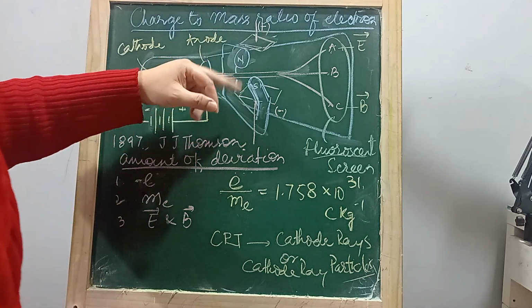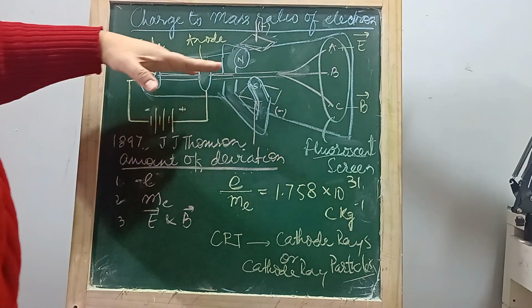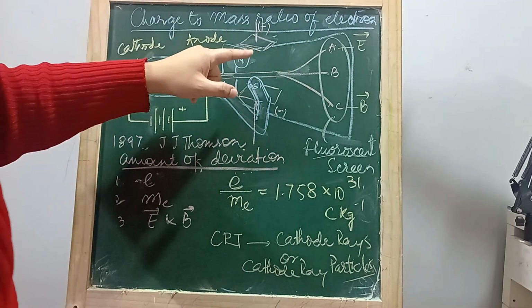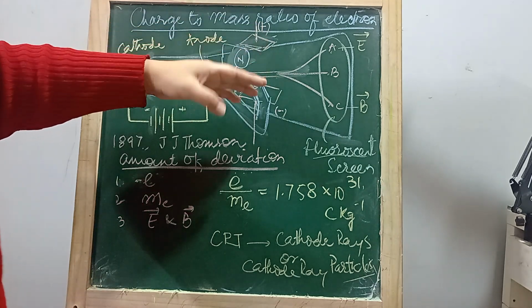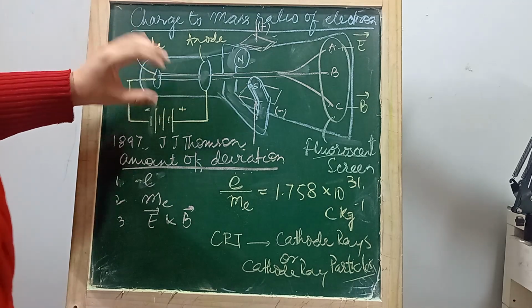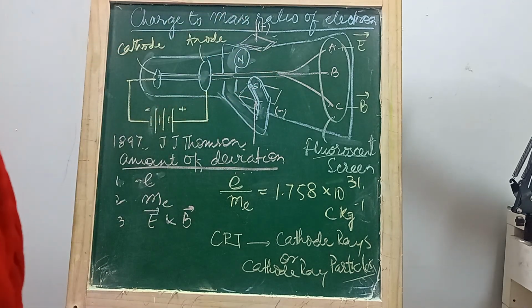When the electric field, denoted by E, is applied, the electrons, instead of moving straight, move upward towards the positively charged plate, which proves that the electrons emitted by the cathode, or the cathode rays, are negatively charged particles.